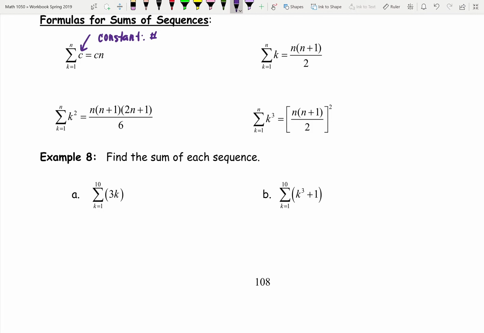If the only thing you have is k, then there's the formula on the right-hand side to come up with the sum. If the only thing you have is k squared, here's your formula. If the only thing you have is k cubed, then there's your formula.